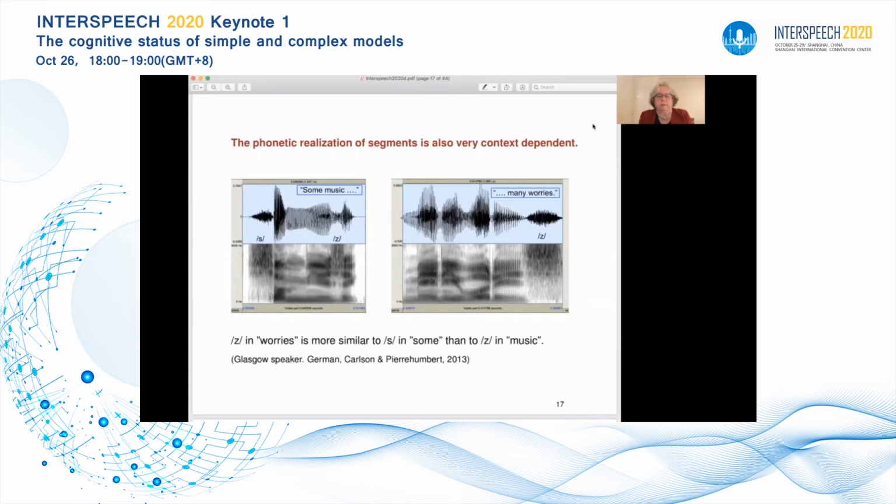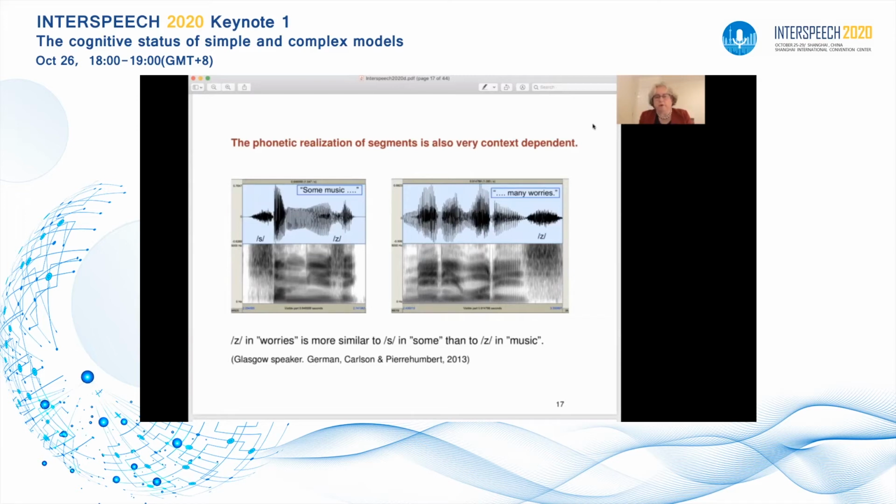On the left panel, you have the two words, some music, and on the right panel, many worries. And you can easily see that the Z on many worries is very similar in appearance to the S on some, and it's really not very similar to the Z in music.